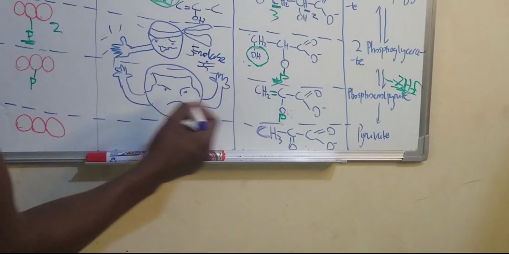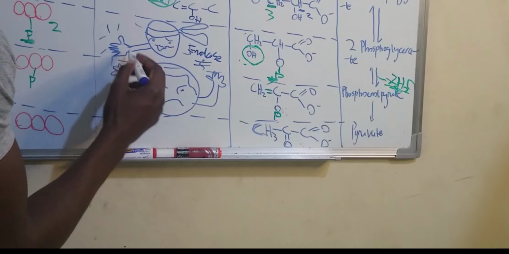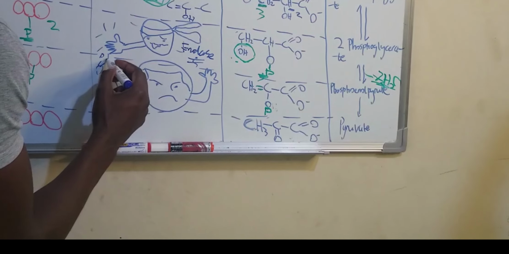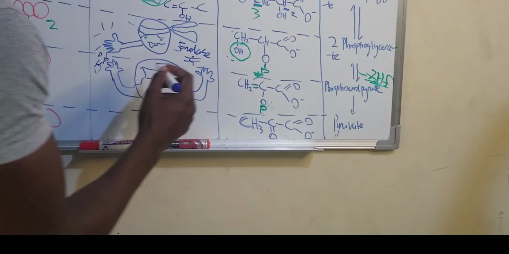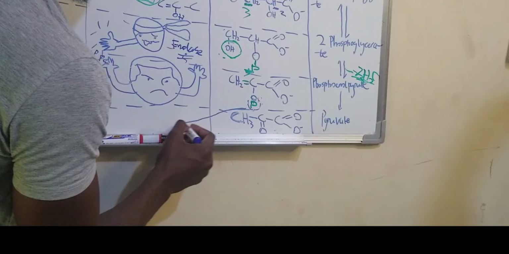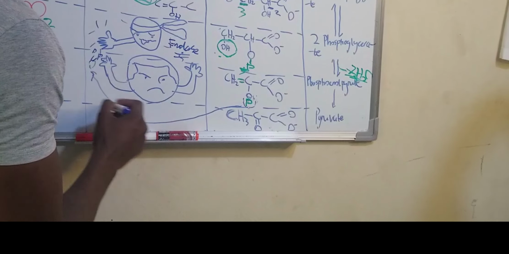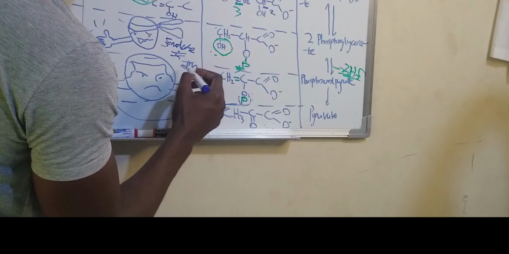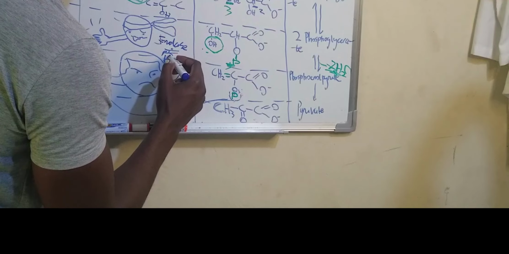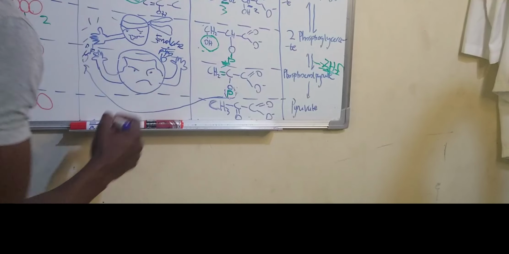An ADP molecule, ADP having 2 phosphate molecules, will get the phosphate here. So meaning what will now form is ATP with 3 phosphates attached to the molecule.